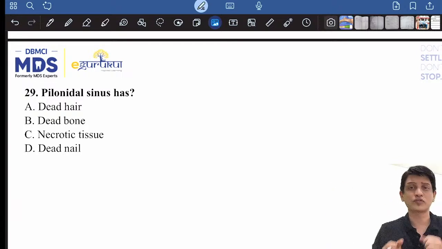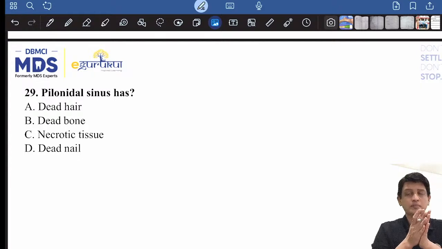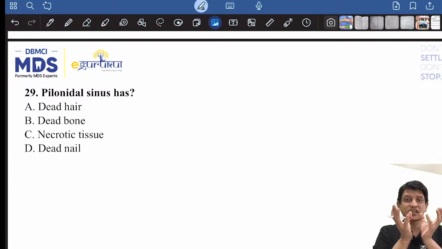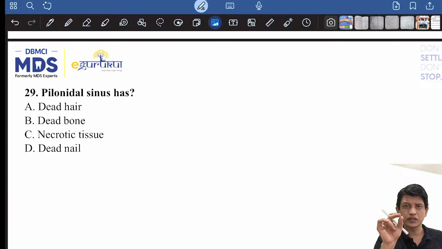There, because of chronic friction, some amount of hair goes inside into the dermis. There, a foreign body reaction happens, so there is a sinus formation. Multiple openings are there through which chronic discharge will be coming. If you open it, you will find hair which has gone from the epidermis into the dermis. This is called pilonidal sinus. Okay.